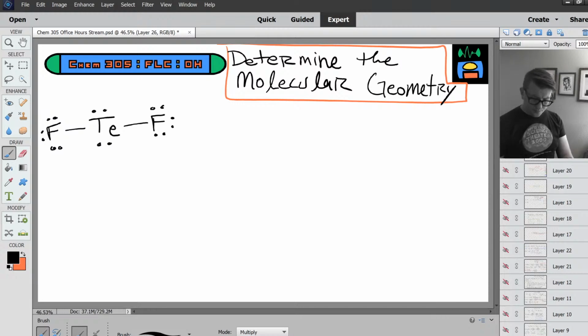Okay. So let's see here. We have, for our electron groups, two atoms, two lone pairs.